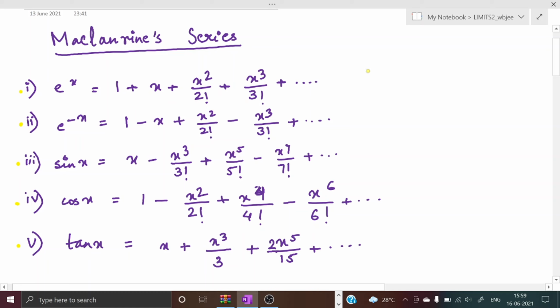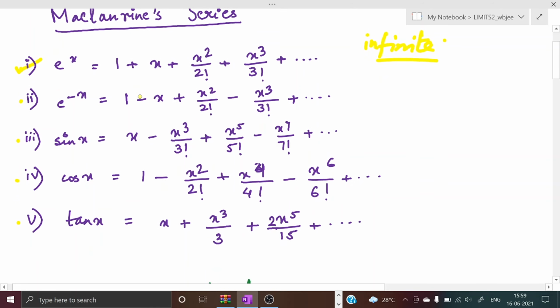It's an infinite series. For e to the power minus x, if you put minus x in place of x, you get the rest. So you should memorize the e to the power x series, so you can easily get e to the power minus x.